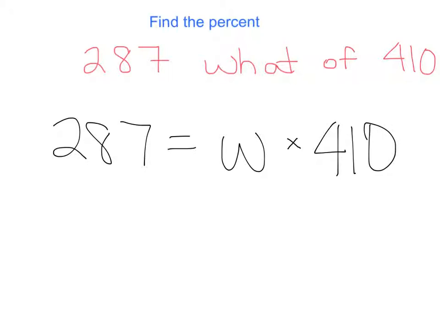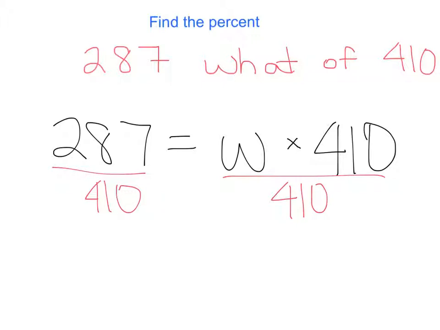So then to solve, you divide both sides by 410. So if we get 287 and we divide by 410, you will end up with 0.7.